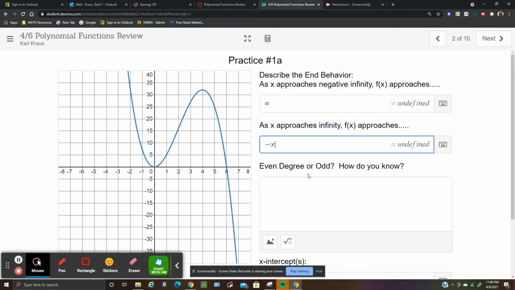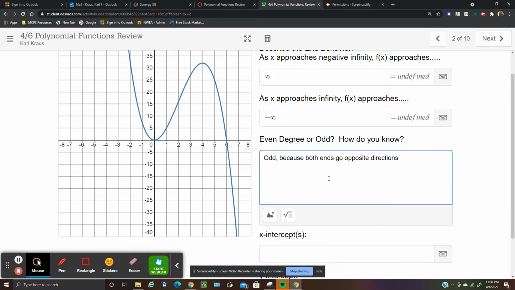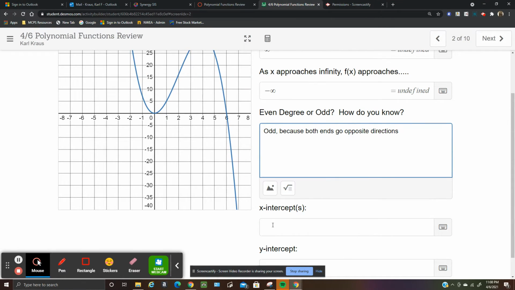And is the degree even or odd? It's odd. And how do I know? Because both ends go in opposite directions. So that's an odd degree when both ends go in opposite directions.